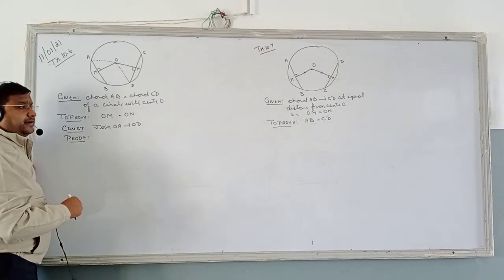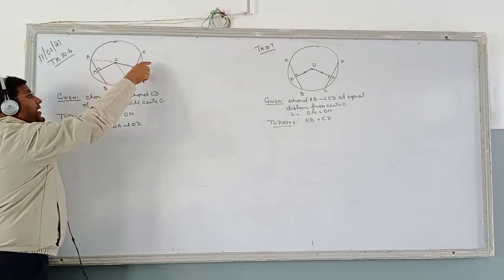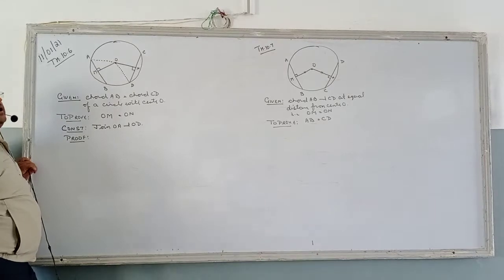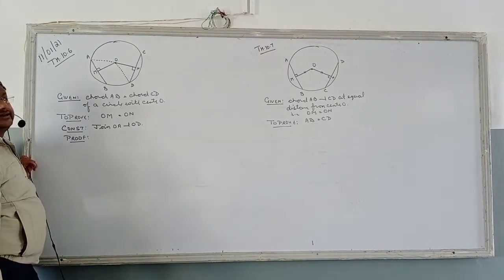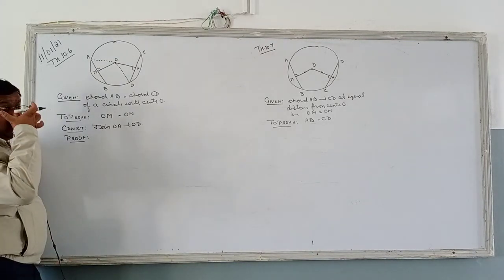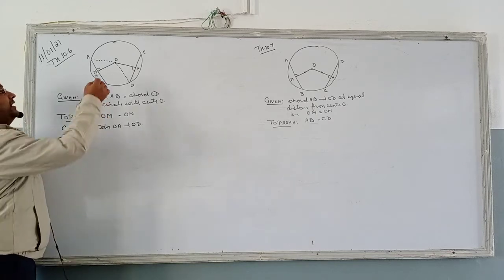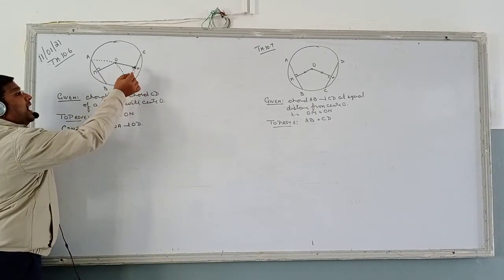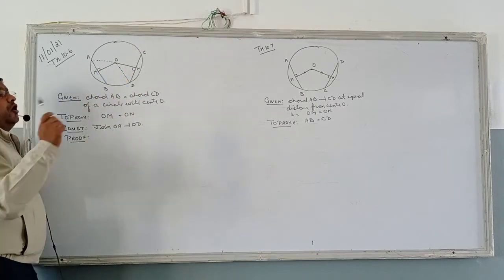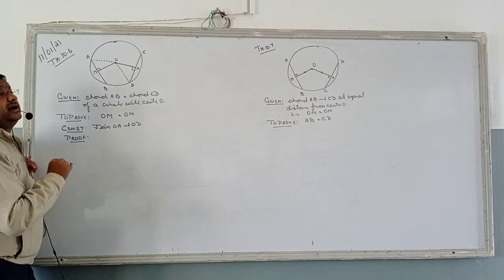And the perpendicular from the center bisects the chord, that is theorem 10.3 of your textbook. We had proved that a perpendicular drawn from the center to the chord bisects the chord.